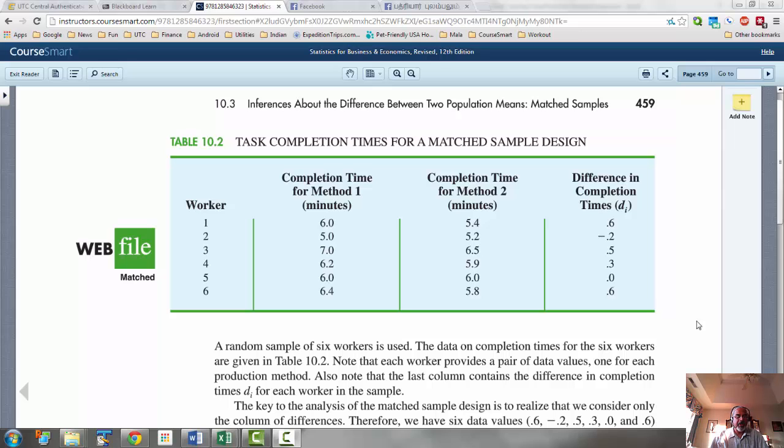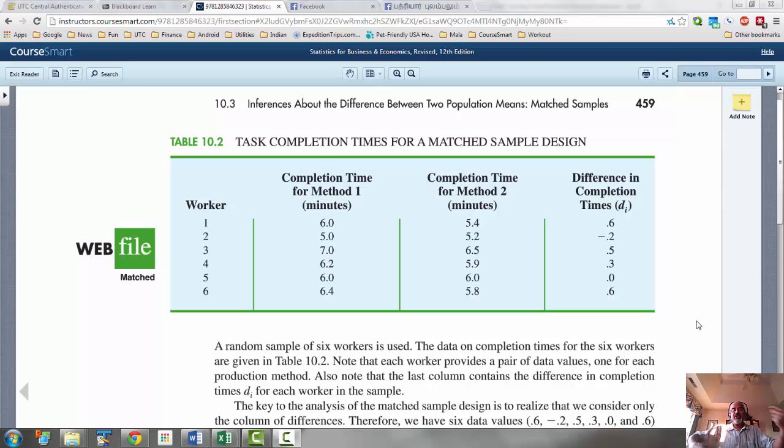Now we're going to look at what is called matched sample. Matched sample is very helpful if the samples taken from the two populations also contribute to the difference in the values that we are measuring.